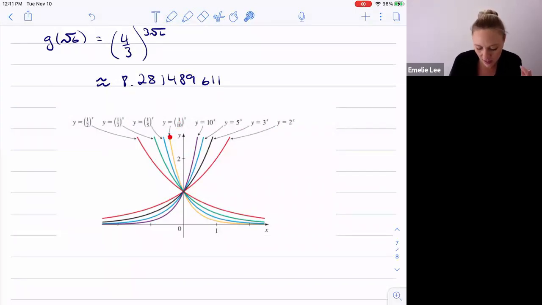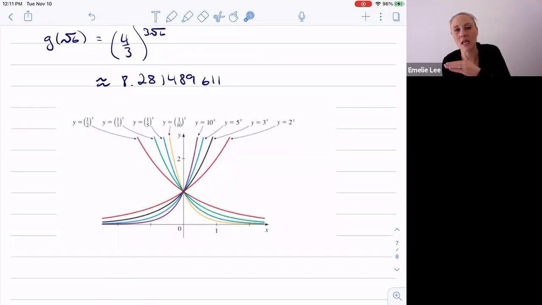These are all decaying models. It looks like the smaller our fraction is, 1 over 10 being the smallest and 1 over 2 the largest, the smallest one is closest to the y-axis. So this is the sharpest exponential decay. And for 1/2 to the power of x, we have a more shallow decay.